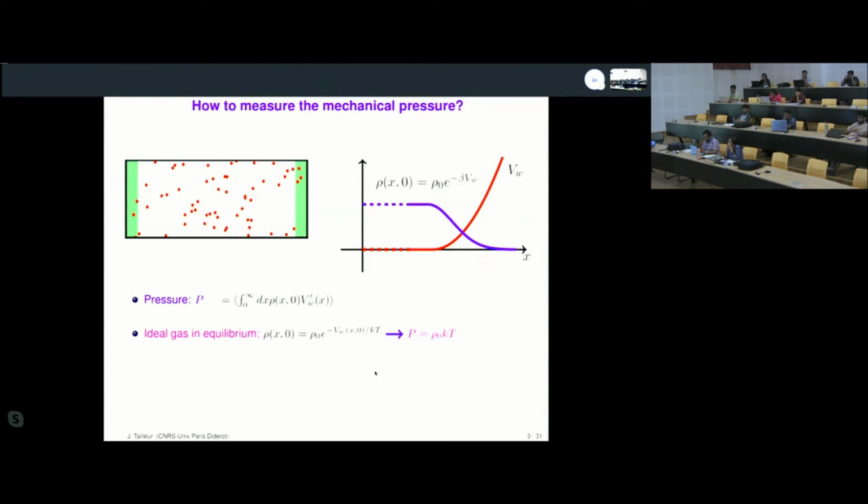Now, one thing which is very interesting in this expression is that if you look at the expression for the pressure written on the top, you see that V, the wall potential, appears in this expression. And so you could believe that because this integral seems to involve V, the pressure will generically depend on the confining potential.